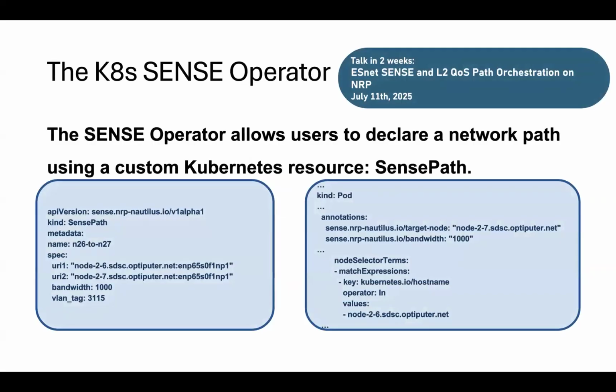And this is also an interesting point to mention something about our talk that is happening in 2 weeks, on July 11th. On that talk, we're going to be talking more deeply about ESnet SENSE and how it works on NRP and how to start quality of service L2 paths on NRP with experiments that involve pods.